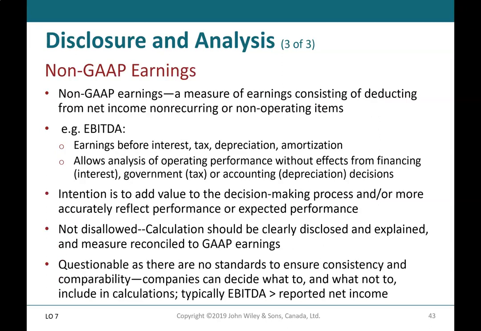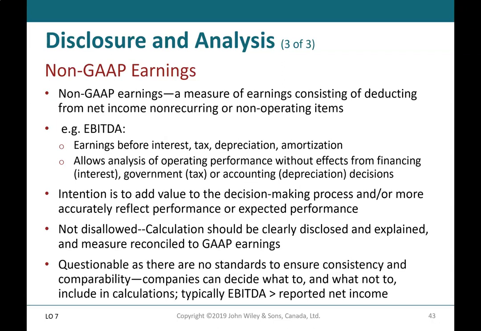Disclosure and analysis, non-GAAP earnings. Non-GAAP earnings are a measure of earnings obtained by deducting from net income non-recurring or non-operating items, e.g. EBITDA, earnings before interest, tax, depreciation, and amortization. It allows analysis of operating performance without effects from financing, interest, government, tax, or accounting depreciation decisions.